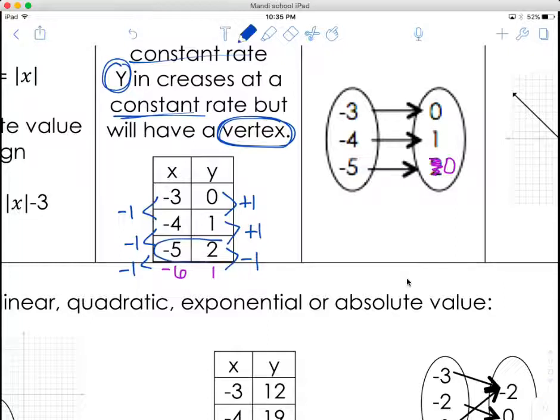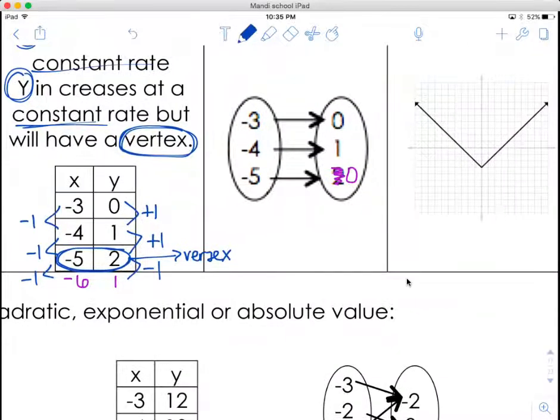And this would be your vertex. Okay, so let's look at this one. This one goes from -3 to -4, -4 to -5, from 0 to 1, and 1 back to 0, this being your vertex. So both of those fit the mold.